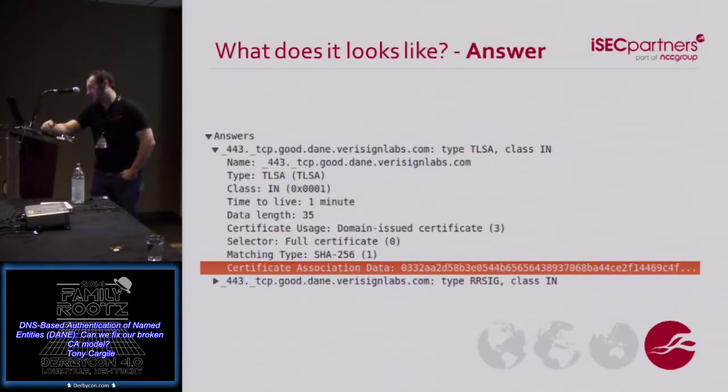So good job to the Wireshark guys for being up to date. And then also next to that, you get the RRSIG. Like I said, this sits on top of DNSSEC, so we know that the certificate that we just received is a valid certificate coming from the proper name server, and it hasn't been modified.